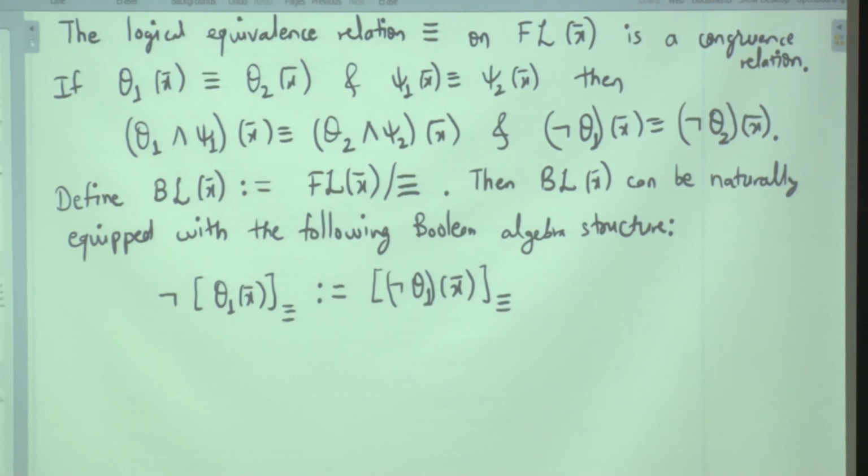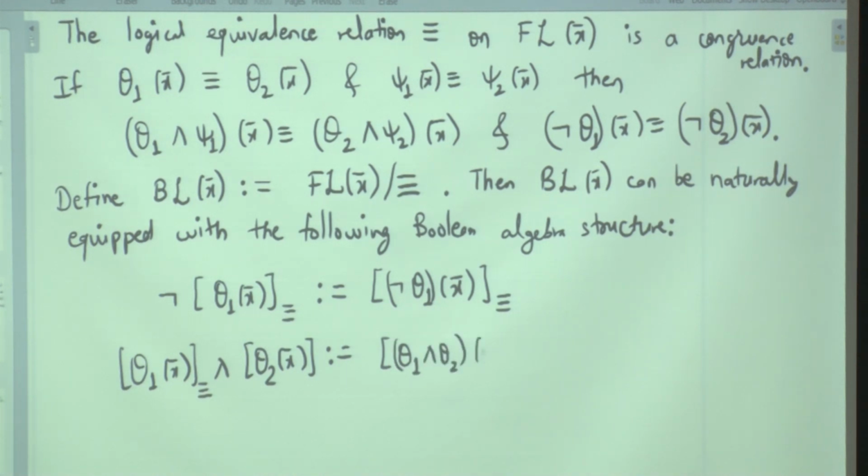Okay. Similarly, if I take two different classes and take their meet, then the meet is defined to be the logical equivalence class of the conjunction. Okay. What is 0?